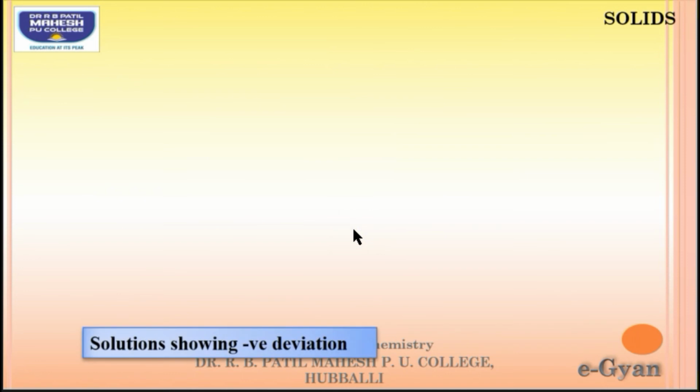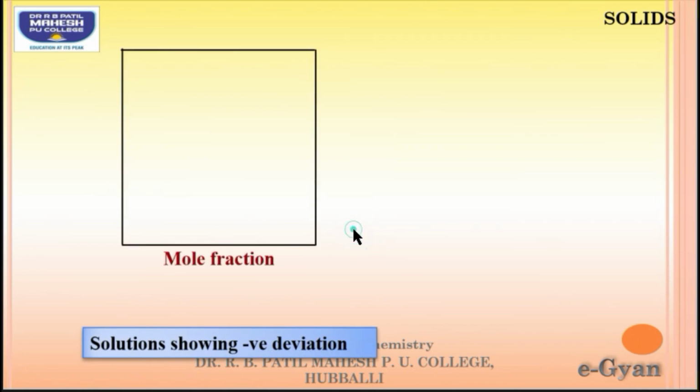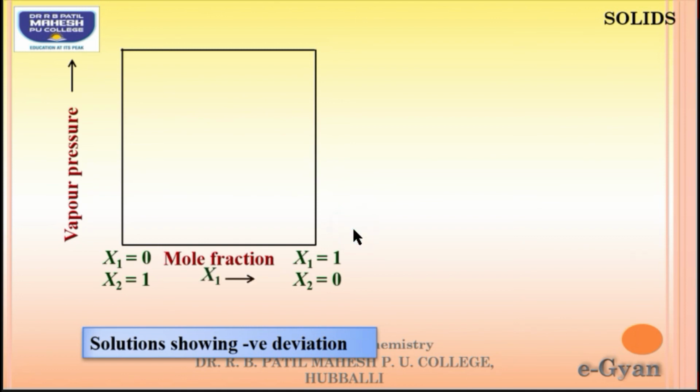Similarly, when I go for the negative deviation, with respect to mole fraction and vapor pressure, as the percentage of x1 goes on increasing, the partial pressure of the first component will be maximum at this point. But what is the interaction? It is a negative deviation.